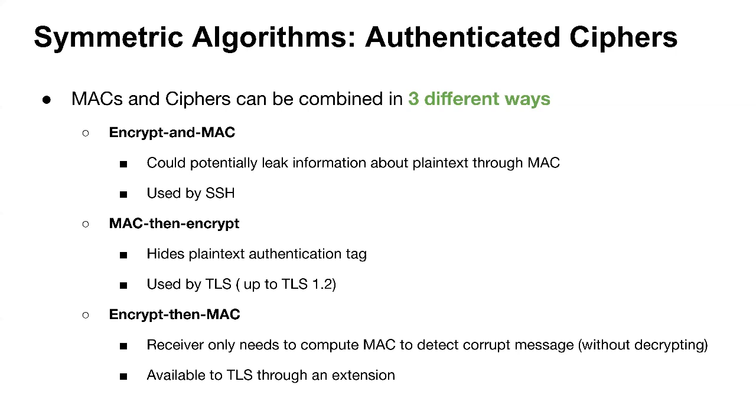This is used by TLS up to TLS 1.2. And then the last one, encrypt then MAC: the receiver only needs to compute the MAC to detect a corrupt message without decrypting the whole ciphertext. This is available to TLS through an extension. It usually isn't on by default unless that implementation has it turned on.